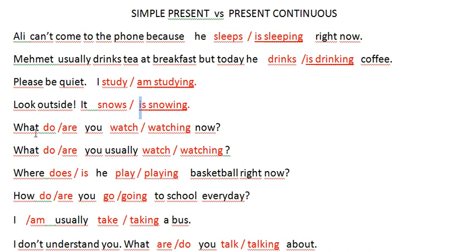And in this example, what do you watch or what are you watching now? So I can say what do you watch? That's a correct sentence. Or I can say what are you watching? Both sentences are correct. But here there's a now.